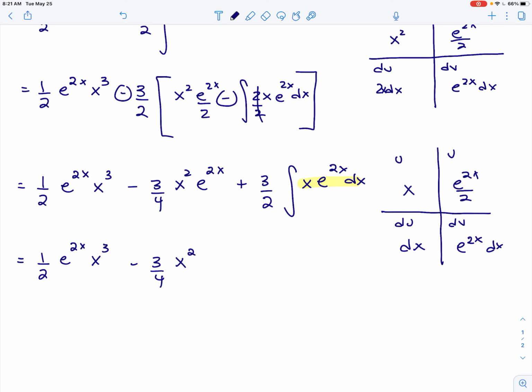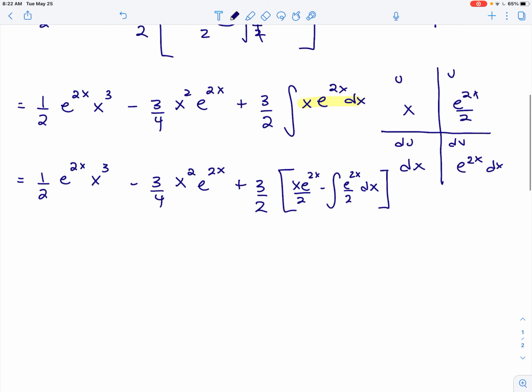So you could tell that you're going to need to do this 3 times because the e to the 2x is going to keep cycling, but the x cubed eventually will take 3 times to get down to a constant, right? So e to the 2x plus 3/2, and then I'm just going to be careful to put this all in brackets, and I get x e to the 2x over 2 minus e to the 2x over 2 dx.